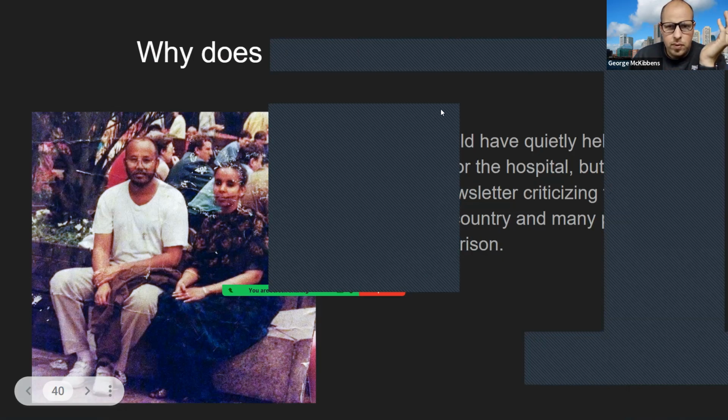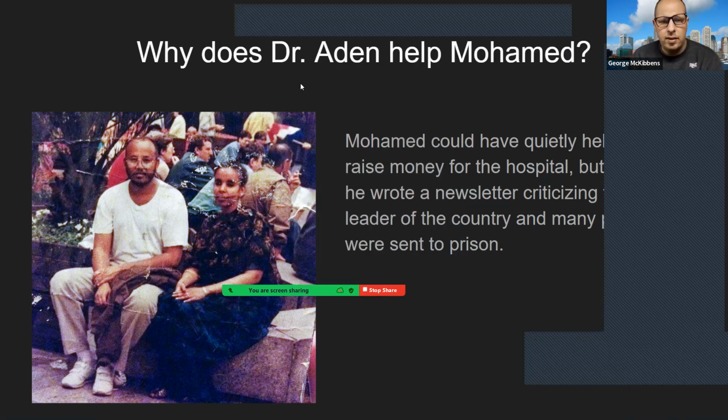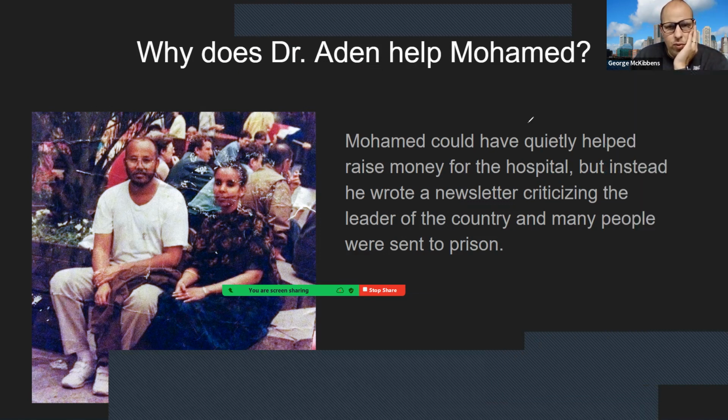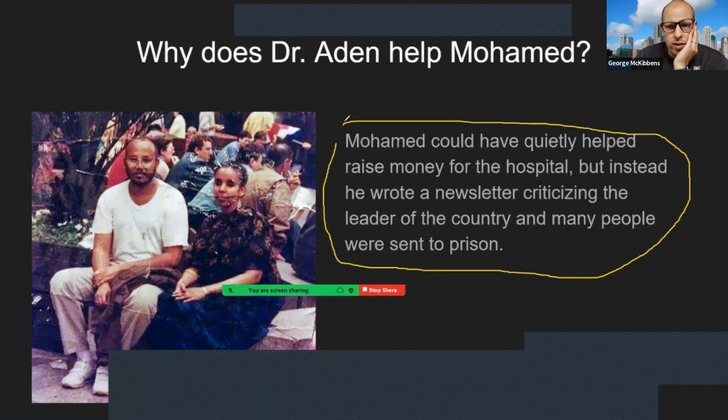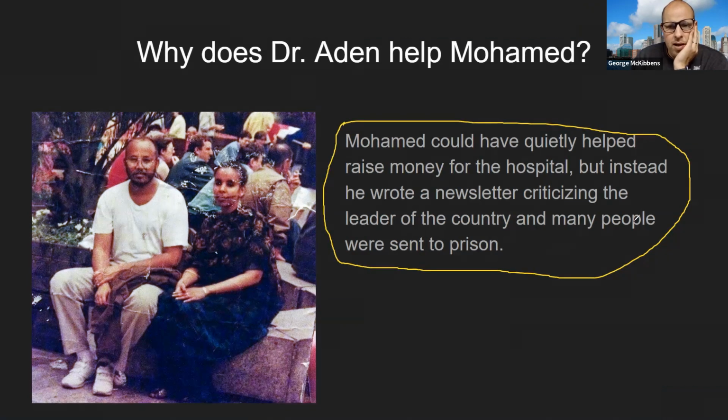So there it is. So why does Dr. What's his name? Not Adin. Abakor, I'll change his name later. Help Muhammad. Muhammad could have quietly helped. So here's the question. Muhammad could have quietly helped raise money for the hospital, but instead he wrote a newsletter criticizing the leader of the country, and many people were sent to prison.